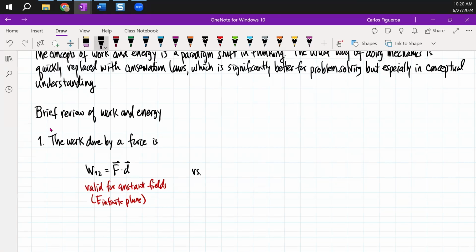Compared to the work done from going from 1 to 2, where the force now is a variable force. Here, this is for variable force or fields.